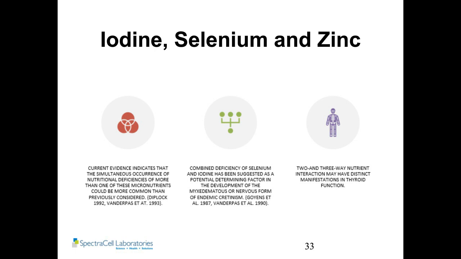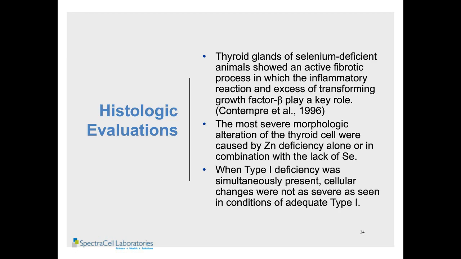So I think you can see that there's a connection there, and the same thing with the zinc. So we know that selenium deficiency in laboratory animals, and we have also seen this in adults, can cause changes in the thyroid gland. And we also know that these become more severe if there's a zinc deficiency along with the selenium. So this is why it's so important to get an overview of the several nutrients involved.